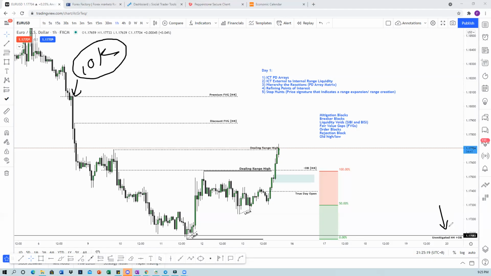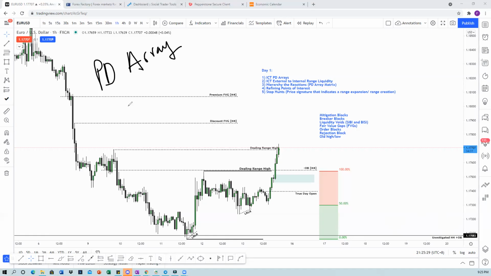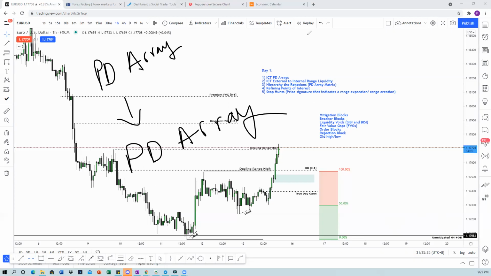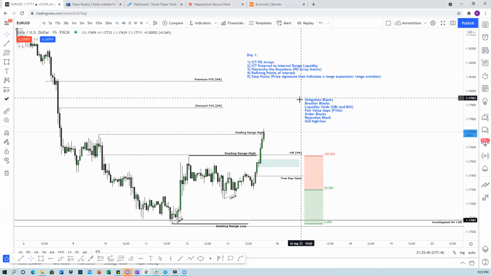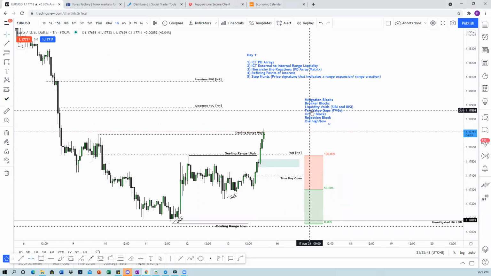Here, the unmitigated 4-hour order block. Which is why ICT says that price moves from PD array to PD array. That's simple stuff.